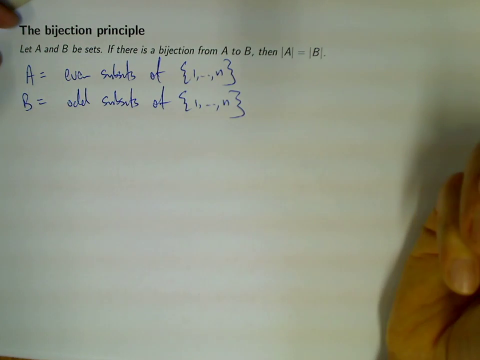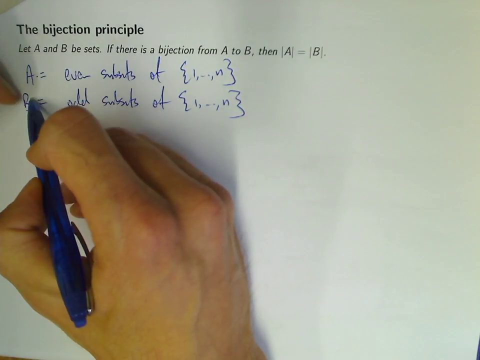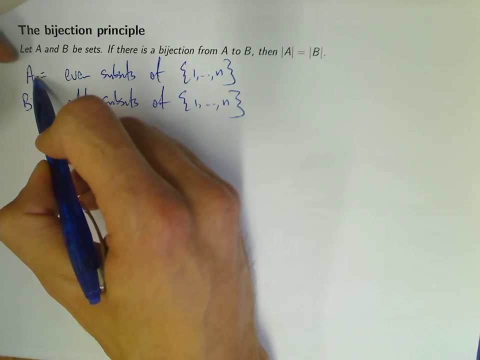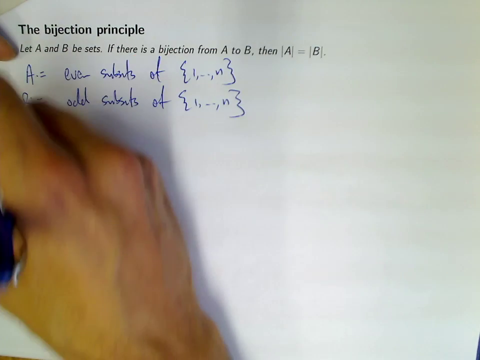And we want to construct a bijection. So for every even subset, we want to construct an odd subset, and for every odd subset, we want to get an even subset. So if n happens to be odd, this is actually really easy.